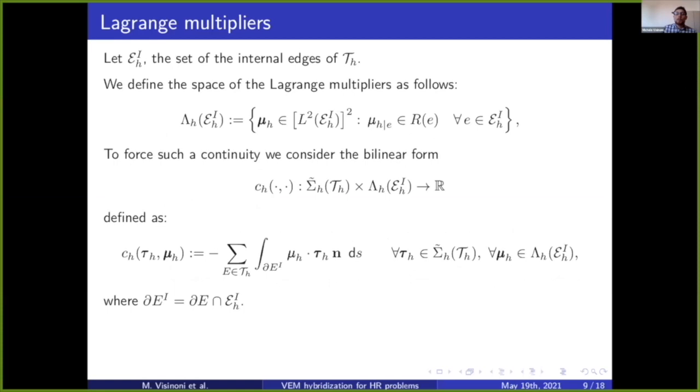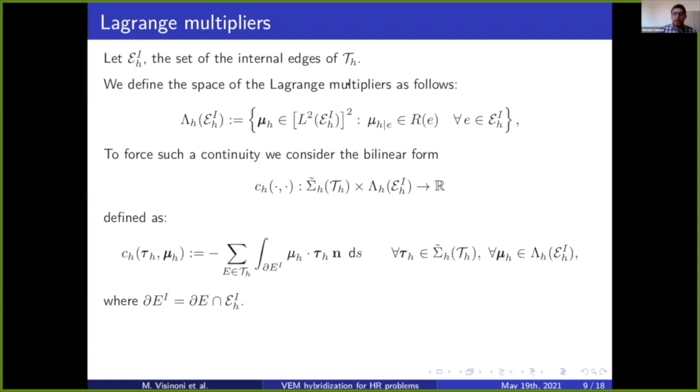Now, for the Lagrange multiplier, we need to add a new set of variables, and we define this new set of variables only on the internal edges, where we need the continuity of the normal component.